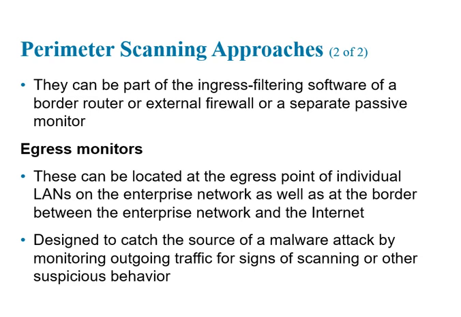And then the second approach, we can use an egress monitor, or outgoing traffic monitor. This can be deployed at the egress point of individual LANs on the enterprise network, as well as the border between the enterprise network and the internet, depending on our deployment model.